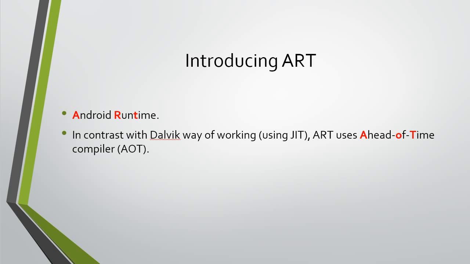So your application is still an APK with .dex files being downloaded to your phone, and then your phone compiles the program you have downloaded and converts it into machine code, which makes it much more efficient, faster, and even uses less processing power. You get longer battery life, and you have an even faster phone. So this is really a great feature.